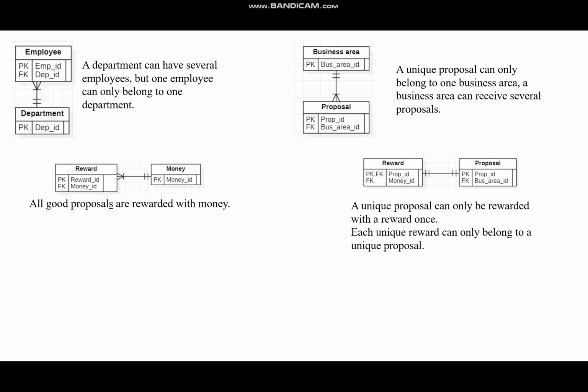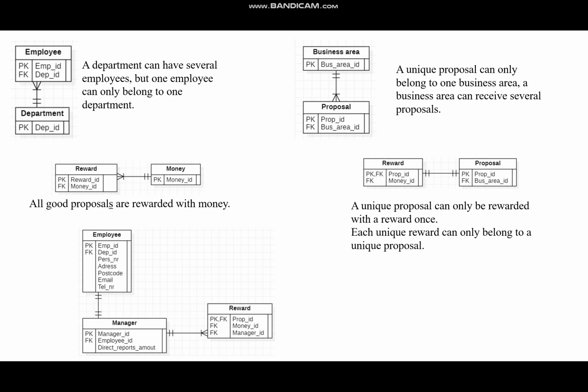To make sure that one proposal can only be rewarded once, I've used the proposal ID as a primary key in the reward table, but also, in order to connect the two objects, used that as a foreign key.